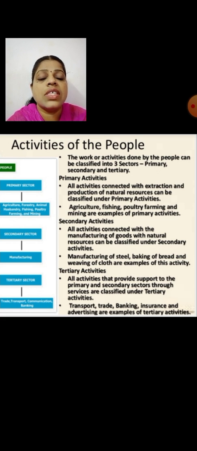For example, transport, trade, banking, insurance and advertising. So children, see, all these services are needed for the promotion of the primary as well as the secondary sectors. These are the activities which come under the three sectors.